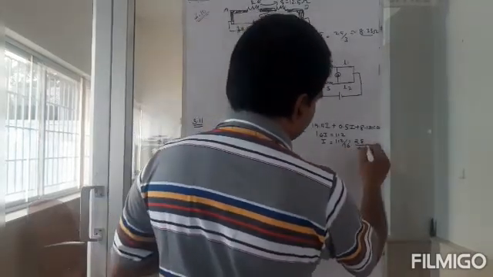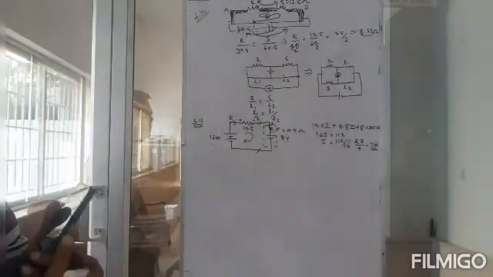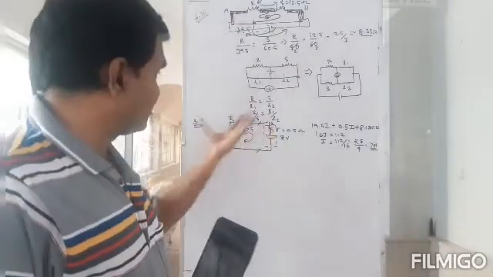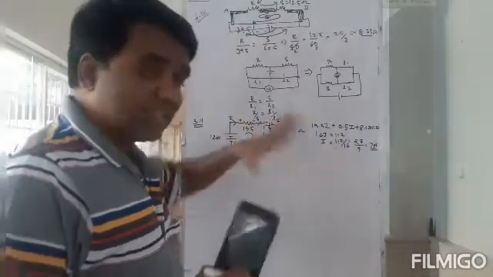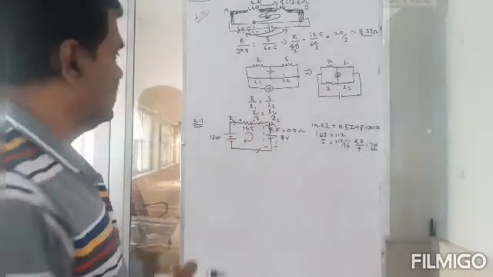So 28 by 4 is 7 amps. So 7 amp is the current going through it. I hope we have not made any mistake in calculating, but this is how you do it. Okay, 7 amp is the current which is going through this.